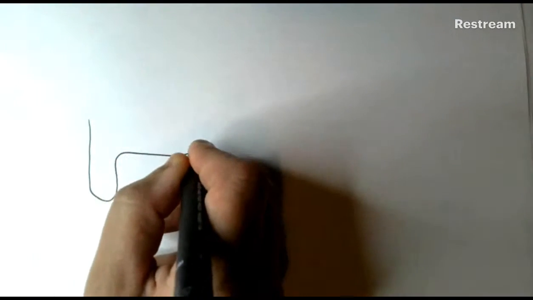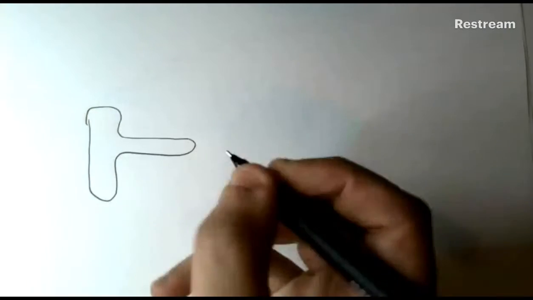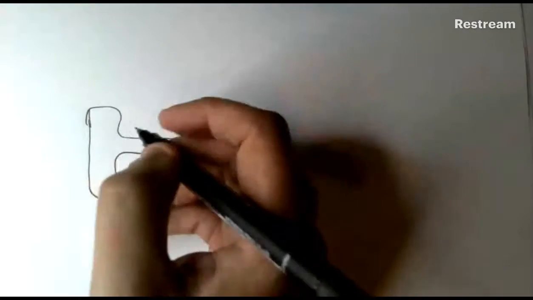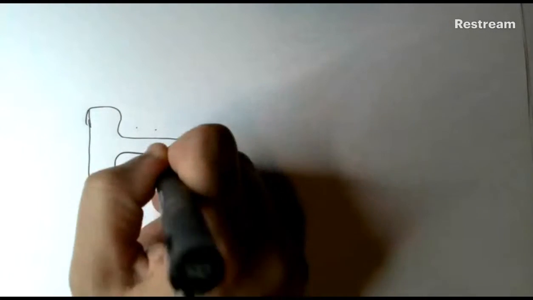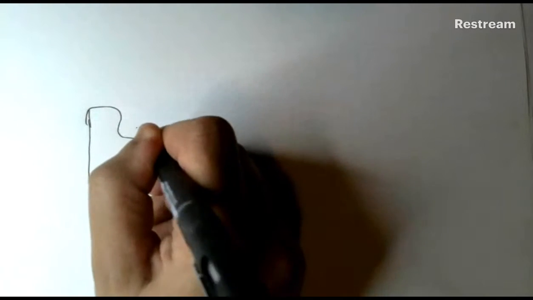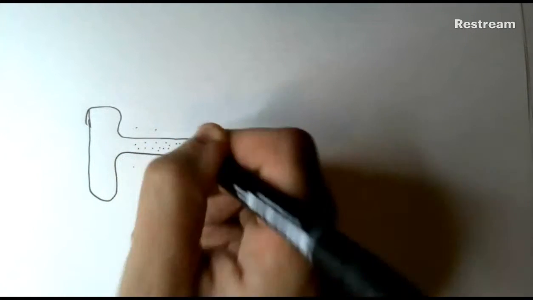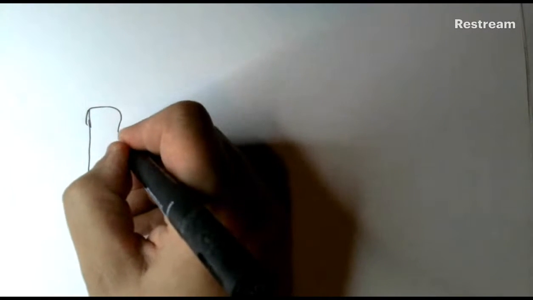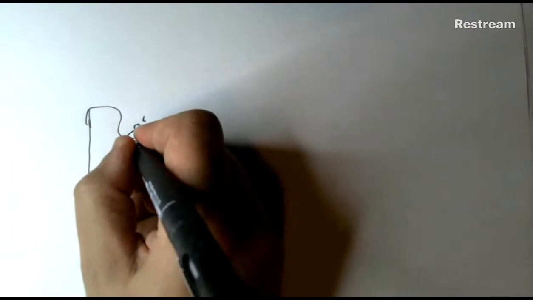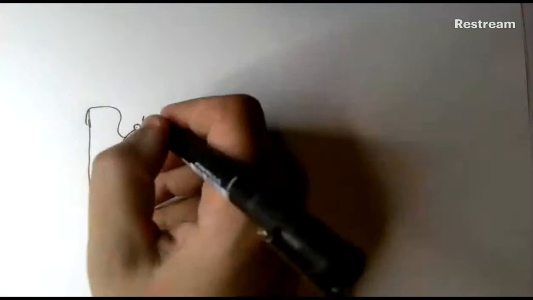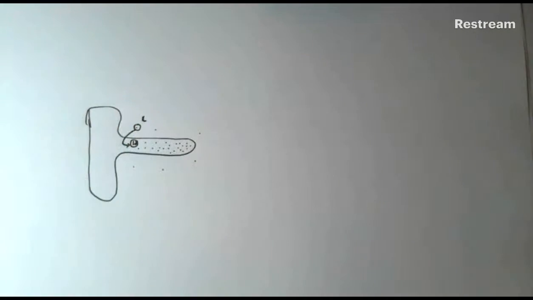So the roots, as you can see here, the root hair cell, they also need to transport ions, but ions are transported from a low to high concentration. The high concentration of mineral ions is in the root. So these mineral ions need to be transported from a low concentration to where there is a high concentration, because mineral ions exist in a lower concentration in the soil.